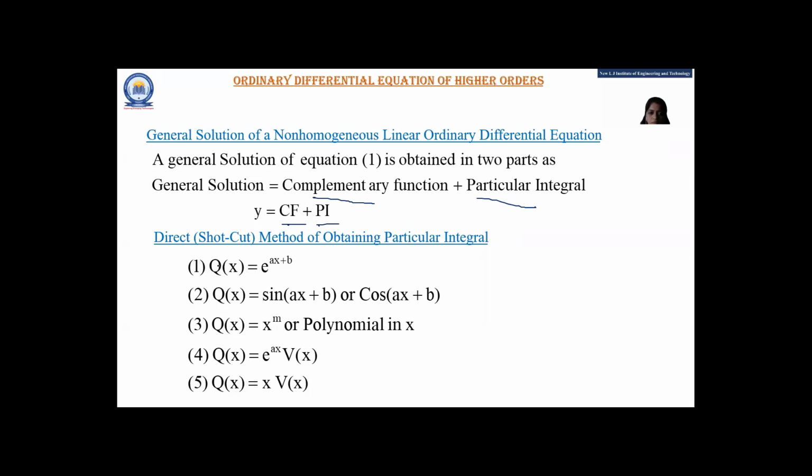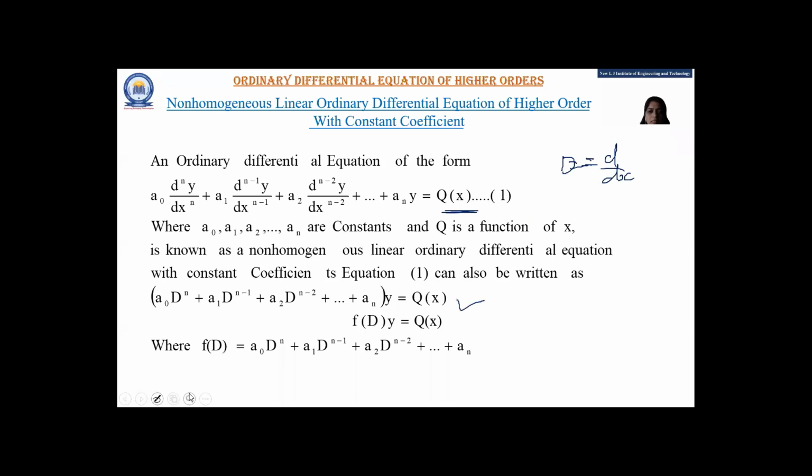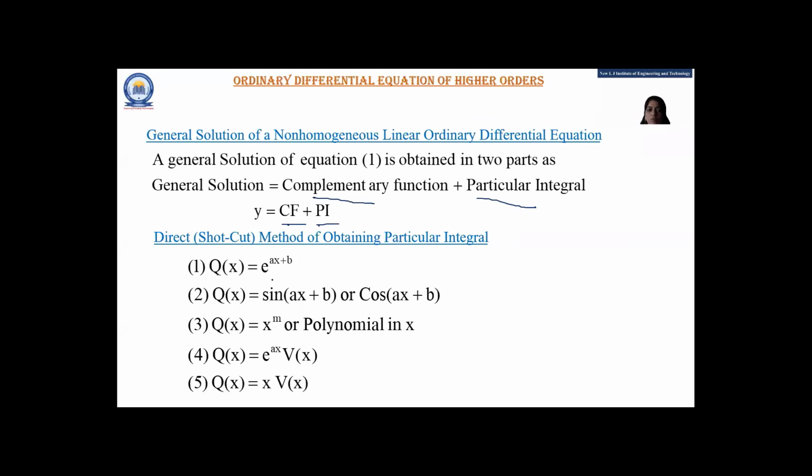There are a total of 5 different cases, and it depends on Q(x), which is the right side of the given differential equation. If Q(x) is an exponential term, e^(ax+b), then that is case 1. If Q(x) is a sine or cos term, that is case 2.